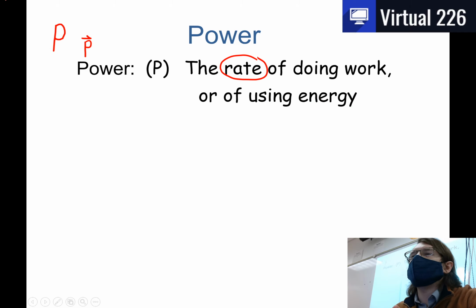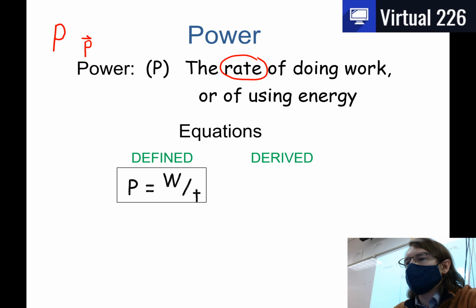And we can also think about this as the rate of using energy. So both of these are power. We can think about it in terms of work or in terms of energy. Like, how much power does your computer use? Mathematically speaking, we define power then as a work divided by a time. It is thus the rate of doing work.